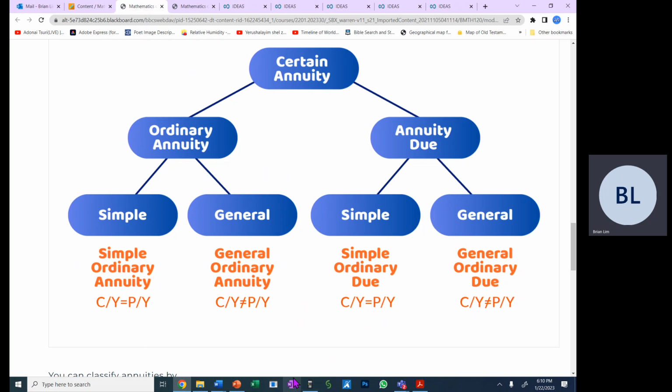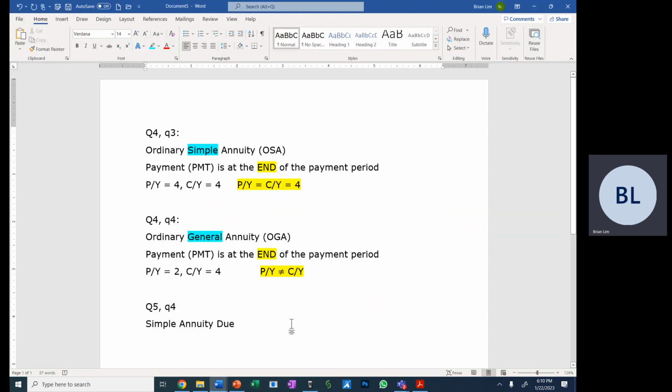So it's just a matter of how you decide to describe it. But this is a simple annuity due, or we could say it's an SAD. Nothing about being sad, but the payment is at the beginning. So here we can copy this and we can put it in here.